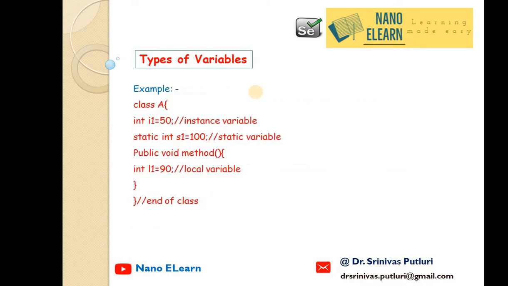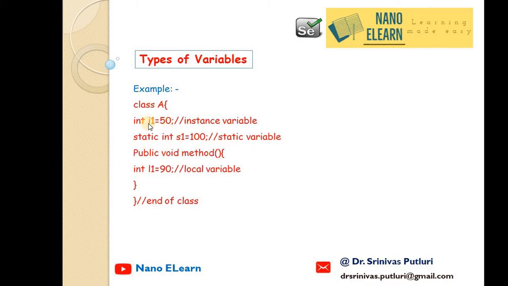This is an example for better understanding. You see here, int L1 is a variable that is declared as a local variable inside the main method. If you see here, it is local to this method. And int I1 is a variable that is declared and assigned a value 50.